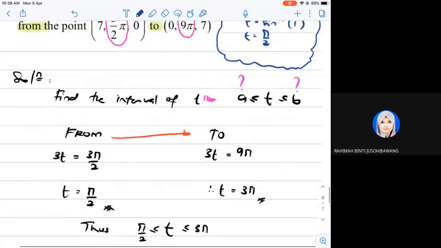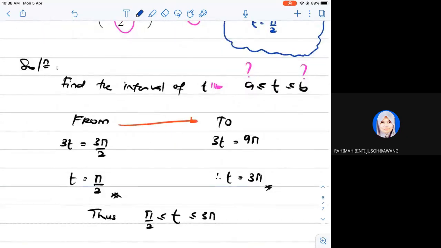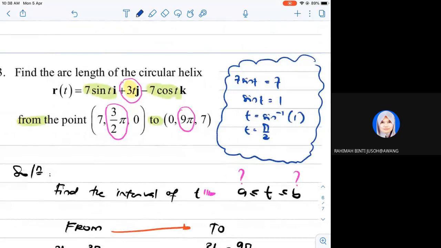So pi over 2 sama kan? Starting pi over 2 juga. Okay, so kalau kita ambil yang kemudian ni 9 pi. 9 pi pula equals to 0. Okay, let's say saya padam yang ni. Saya samakan dia dengan 0 pula. 0, so shift sin 0. Kalau you tekan calculator, you akan dapat apa guys? Cuba tekan calculator, you dapat apa? 0 kan?